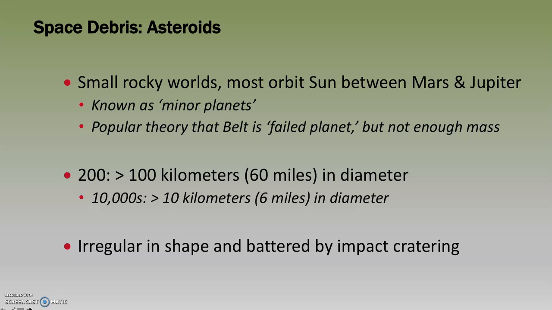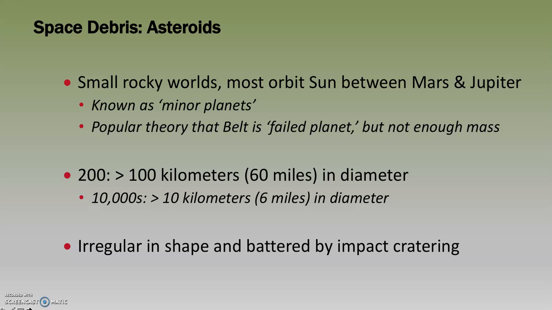But in the meantime, some of these asteroids are known as minor planets because they have an orbit around the sun. They are not spherical, and they are certainly not clearing out the debris because they are part of the debris, but they're known as minor planets because they do orbit around the sun. We talked about the failed planet theory.